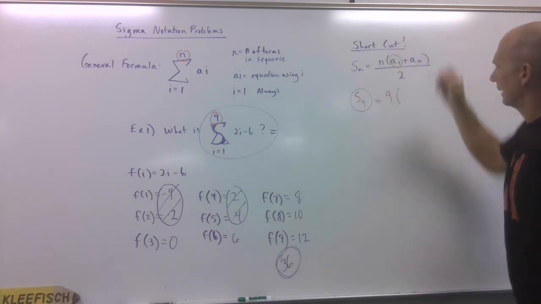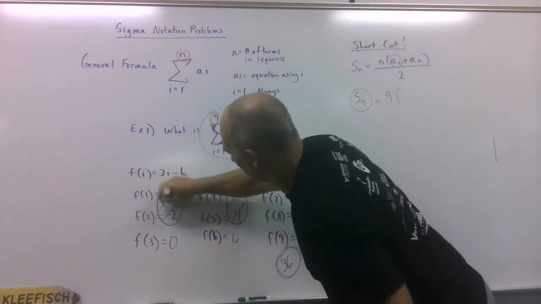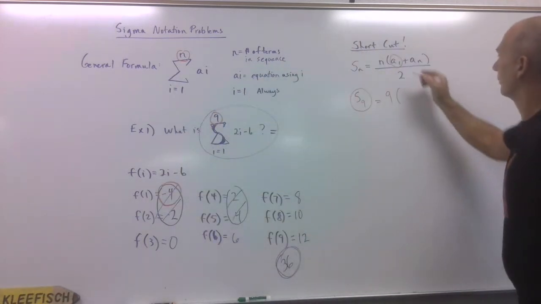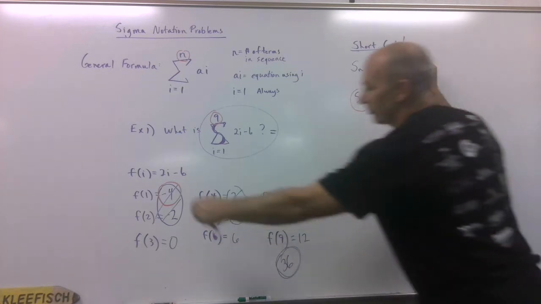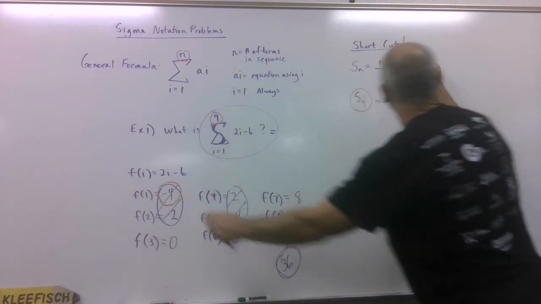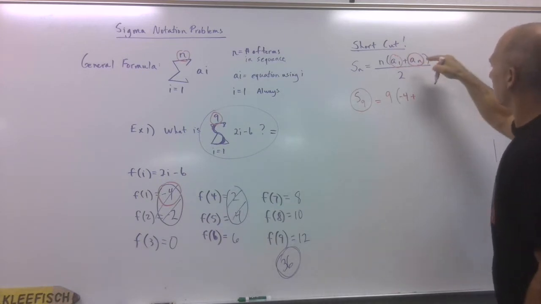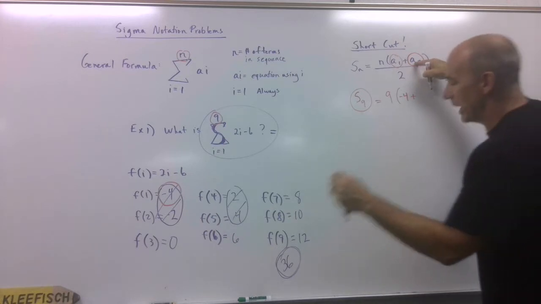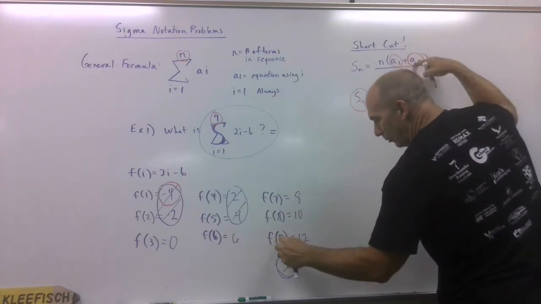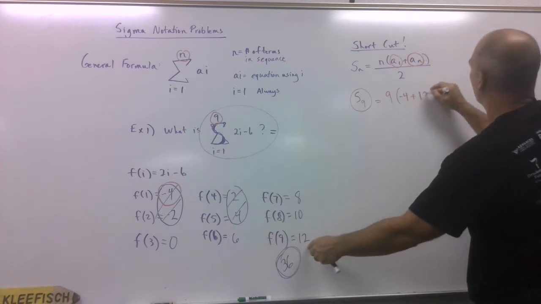My first answer for this situation is F1. That's telling you what your solution is after you plug in 1 for I, negative 4. And what's your solution for your final term, which is our 9th? When we plugged in I is 9, we got 12.